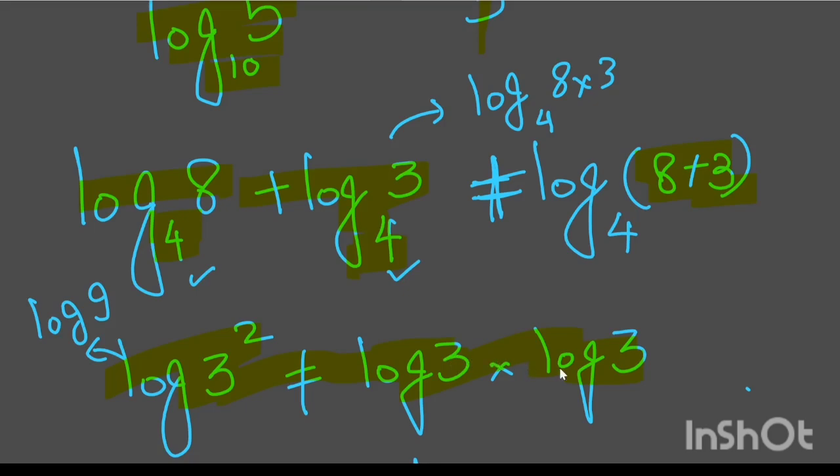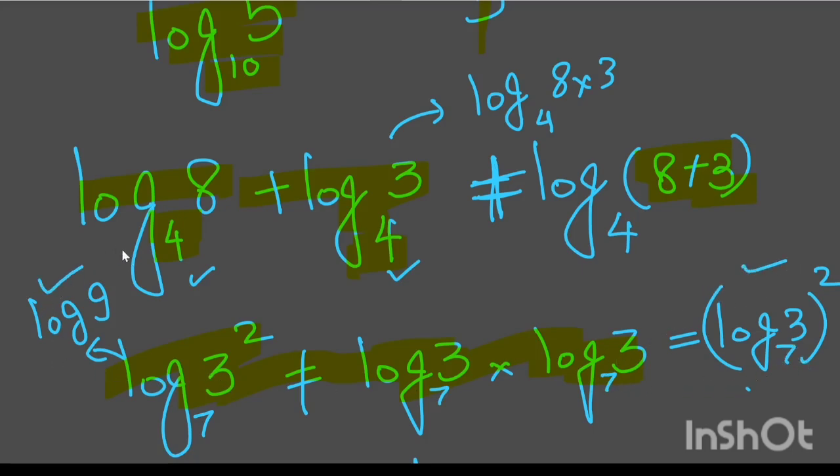And log 3 into log 3 is log 3 whole square. Let's say the base is 7, here also 7 I am writing. So this is correct, and this is correct. This is incorrect. We cannot write it like this. Log 3 base 7 whole square is log 3 base 7 multiplied twice.